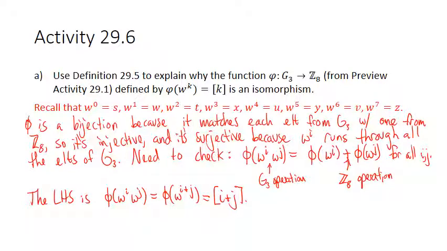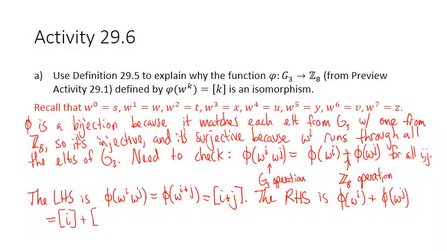And then the right-hand side is a little bit easier: phi of w^i plus phi of w^j is just going to be i plus j. So these are actually the same because in Z8 we're allowed to just add those together inside the brackets like that. So these are the same. So phi is an isomorphism.